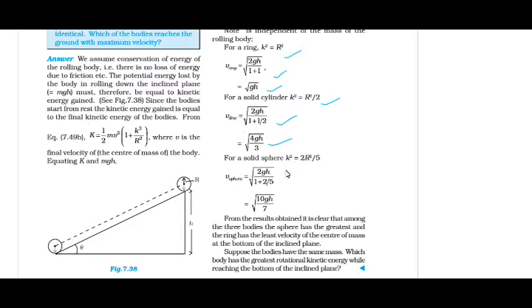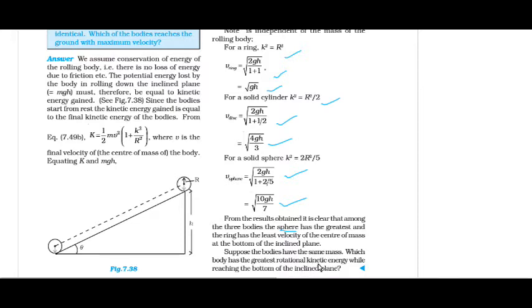So v sphere is equal to under root 2gh upon 1 plus 2 by 5, that is 10gh by 7. From the result obtained, it is clear that among the three bodies, the sphere has the greatest and the ring has the least velocity of the center of mass at the bottom of the inclined plane.